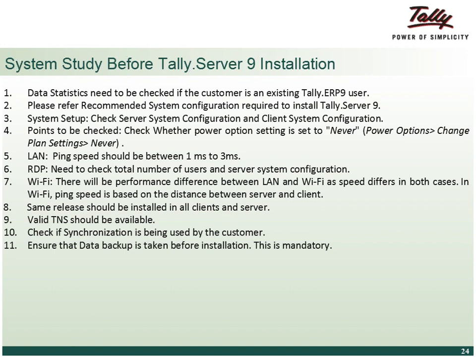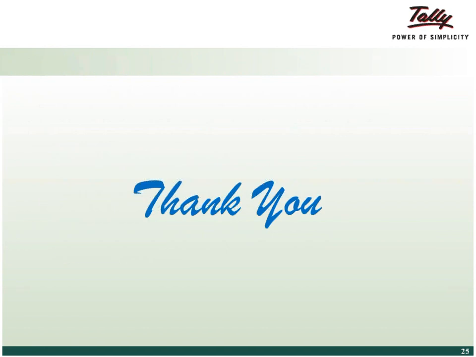And for whichever data folder we are going to publish from the Tally Server 9 system, we need to ensure that the sharing has been removed. So this is what we discussed in today's session related to troubleshooting, and also the performance related issues that may be reported by customers.